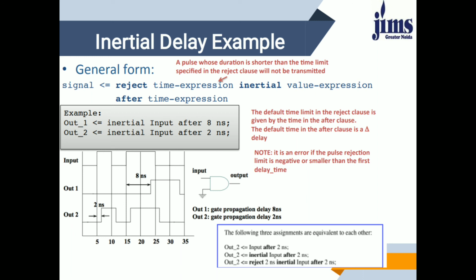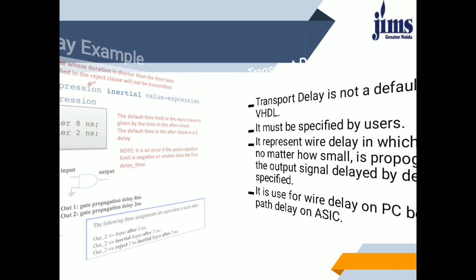Out_2 is assigned a value input after 2 nanoseconds. Out_2 is again assigned input with inertial input after 2 nanoseconds. Then we can also define to reject a 2 nanosecond pulse, that means we can write reject 2 nanoseconds inertial input after 2 nanoseconds. In this way we can define the inertial delay.